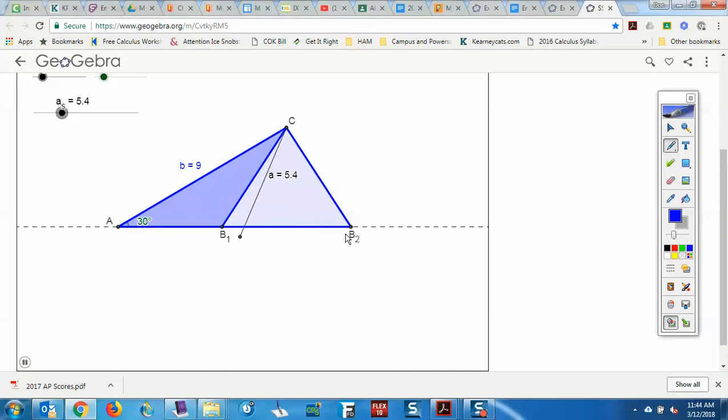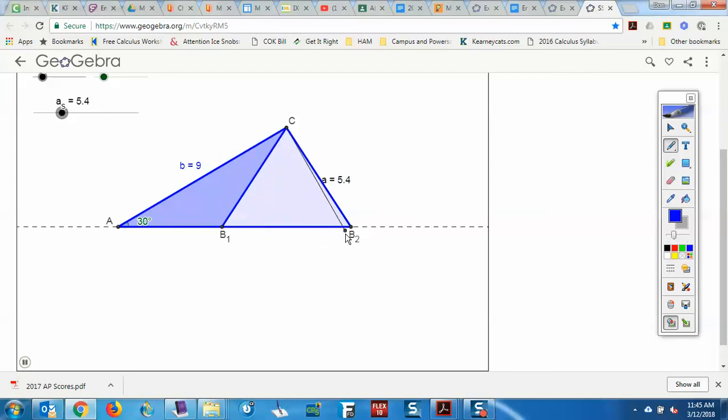Now, the other scenario, and this is a quicker scenario, is if the given angle is obtuse. Well, how many obtuse angles can you have in a triangle? Just 1. So in the 2 triangle case, one of them will be acute, this one you find here, and then this one will be obtuse because it's 180 minus that, right?